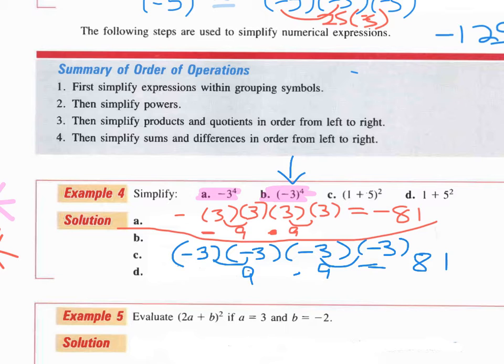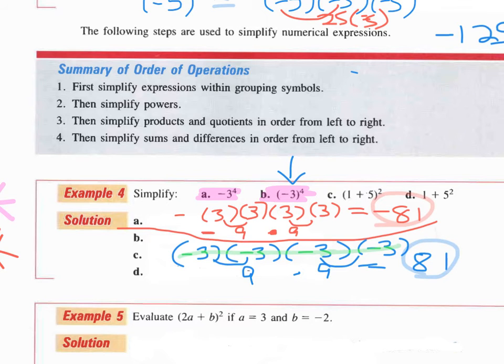You can also multiply it by -3 times -3 is +9, times another -3 is -27, times another -3 is +81. Either way, notice they both started out looking the same, but one had parentheses, one did not. One gives us an answer of -81, and the second one gives +81.